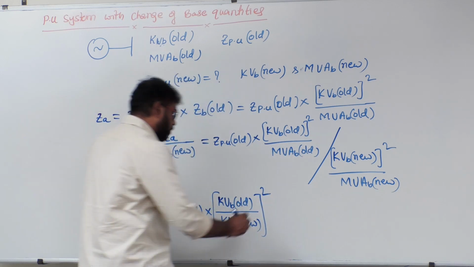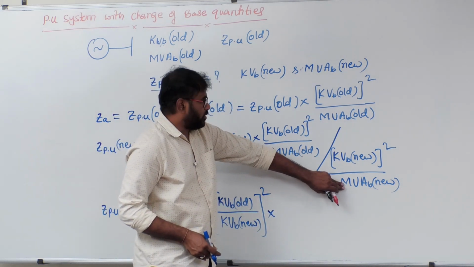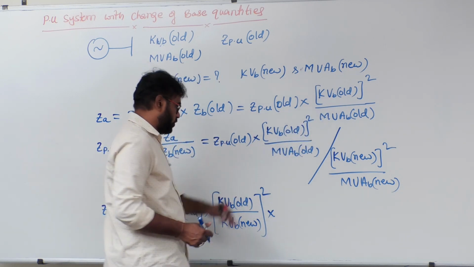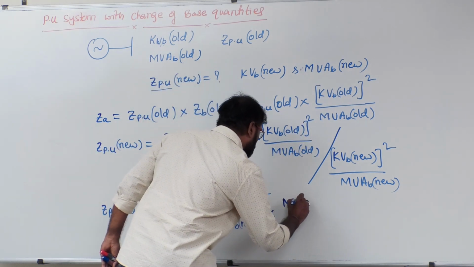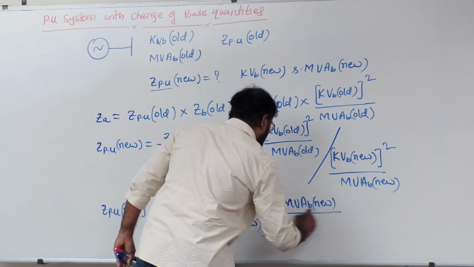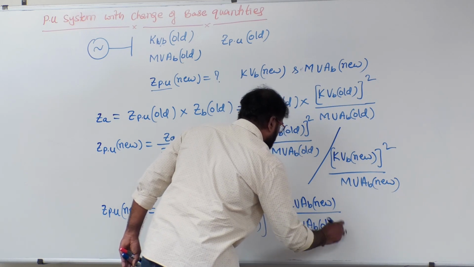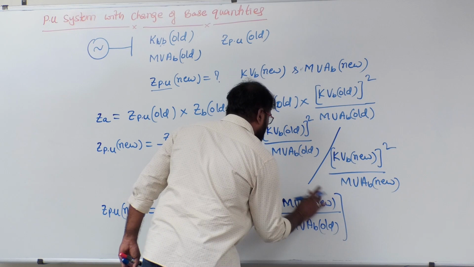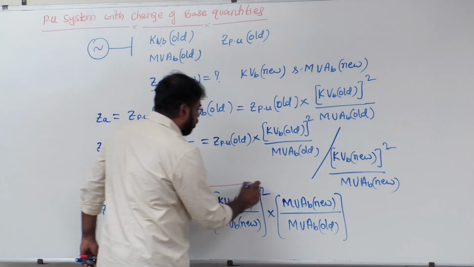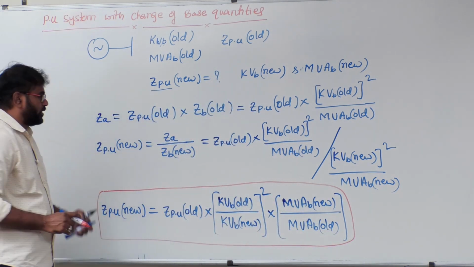Clear? Multiplied with MVAB new, which comes in the numerator, and the denominator is MVAB old. So MVAB new divided with MVAB old. So this is the simple formula to convert the old per unit impedance to the new per unit impedance.